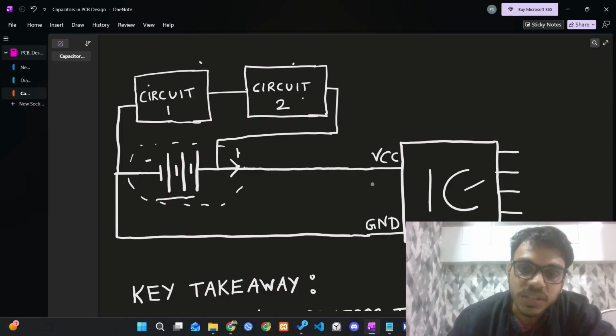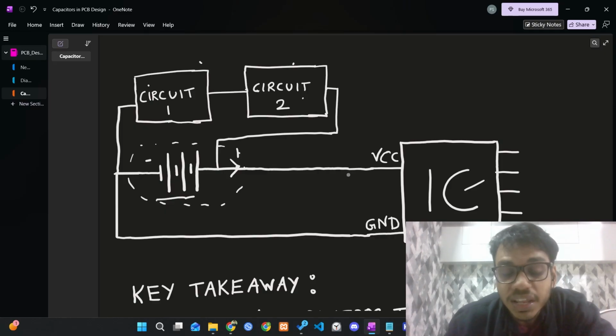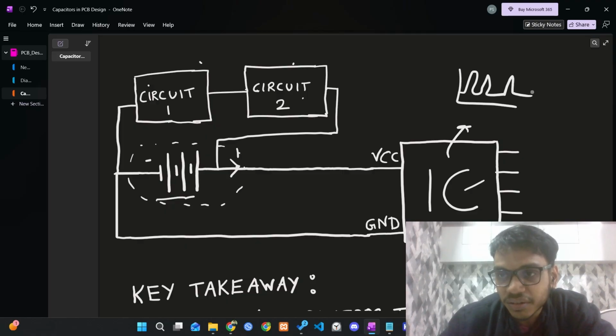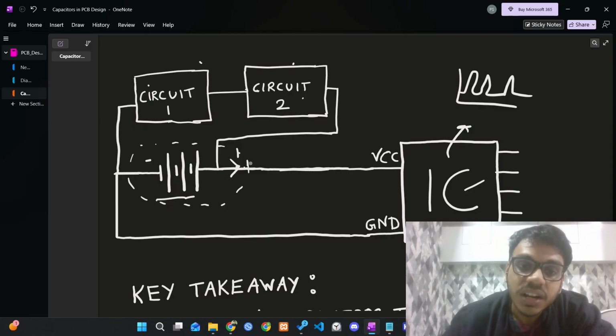But the problem is, if we don't have a decoupling capacitor and this IC is demanding current something like this, there will be some voltage drop across this power supply rail. Now this voltage drop will also be felt by circuit 2 and circuit 1.